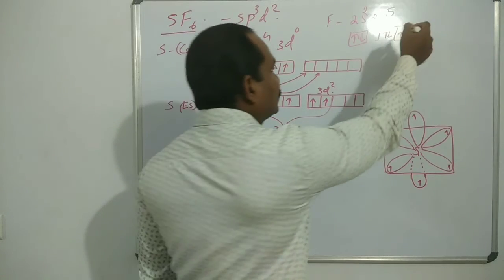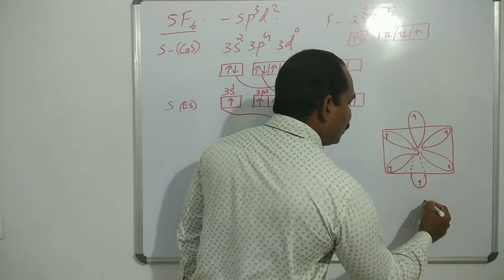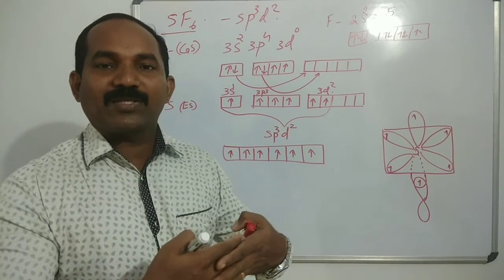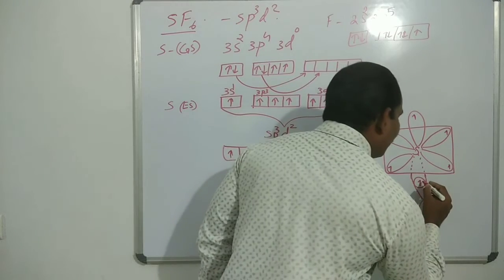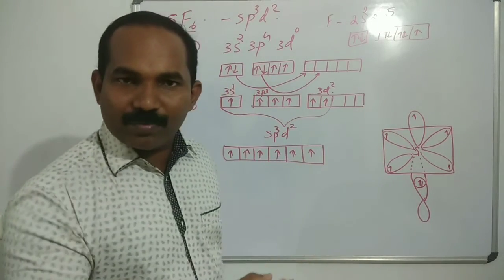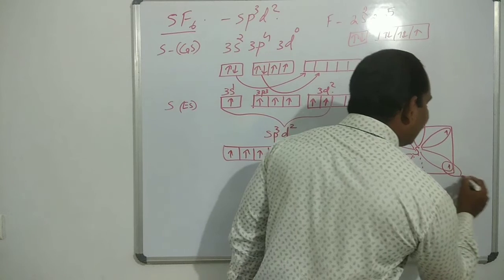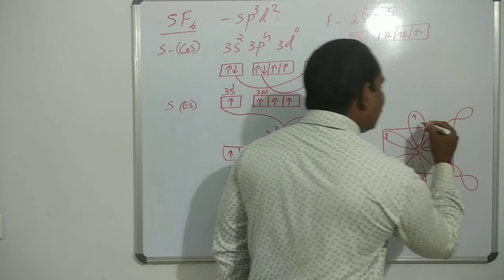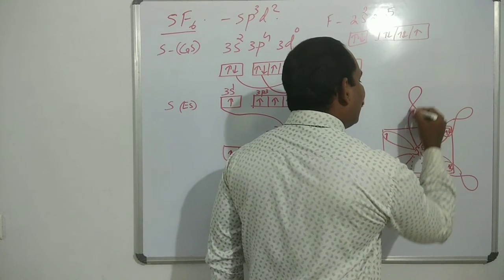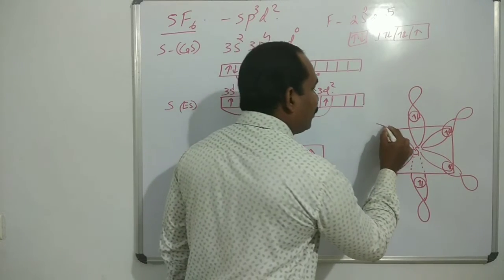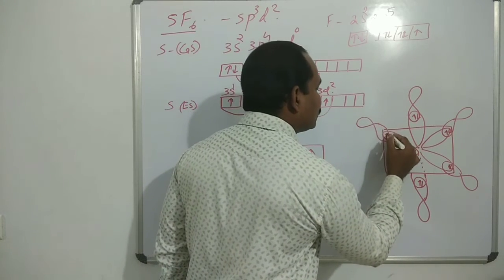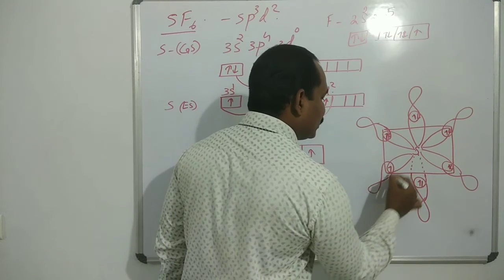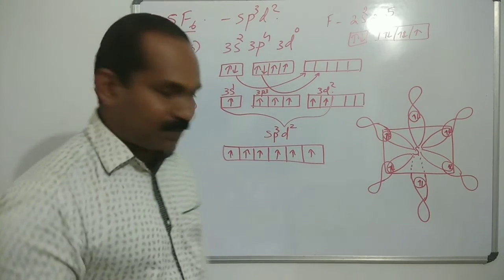Then these p orbitals come for overlapping. What is overlapping? Interpenetration. Then one SF bond is formed, the second SF bond is formed, the third, the fourth, the fifth, and last the sixth orbital is overlapped.